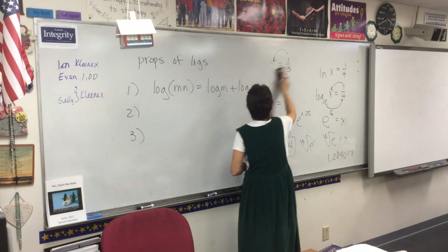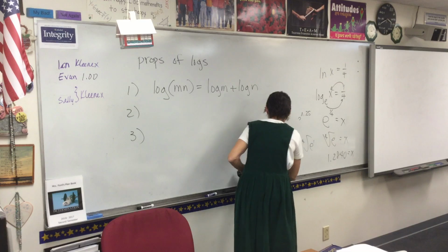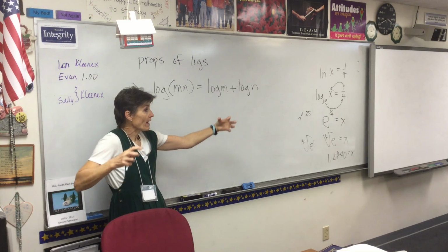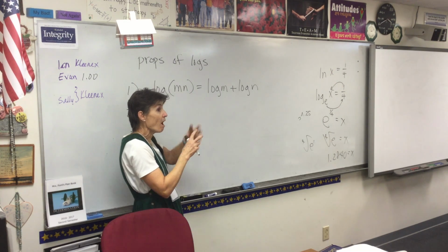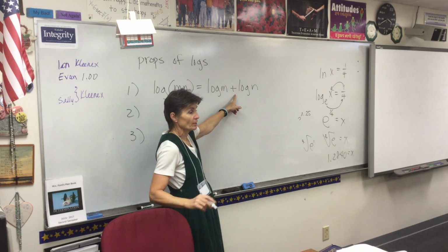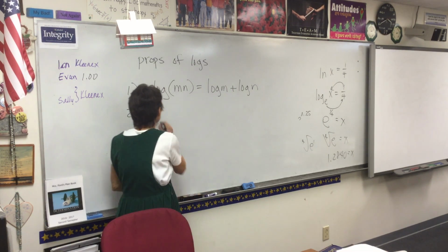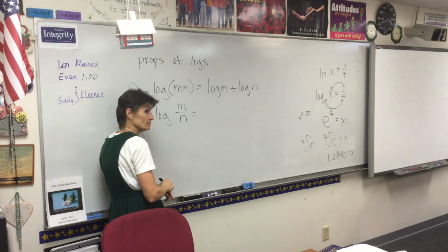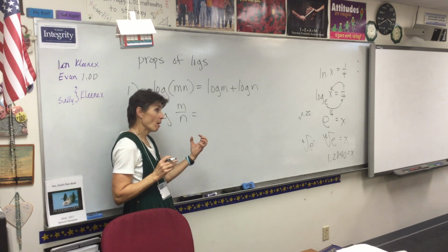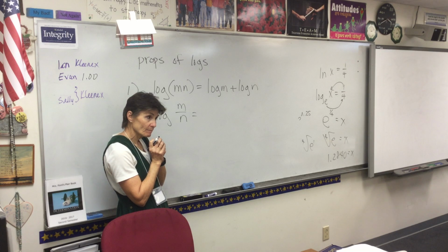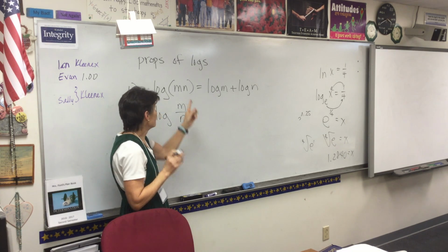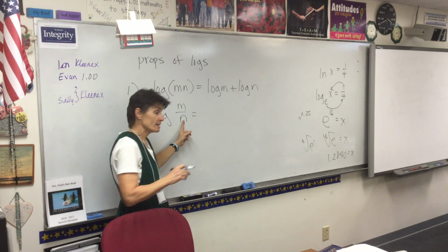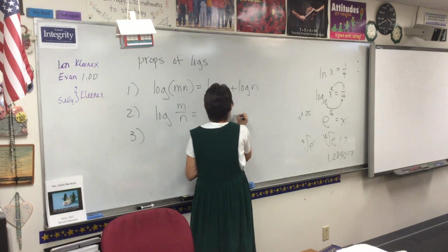So in other words, if you take the logarithm of a product, two numbers times each other, you can pull that apart, but when you pull the times apart, it becomes an addition. Similarly, if you have a division, m over n, we can pull that apart, but guess what it becomes? Multiplication became addition, so division is going to become subtraction.